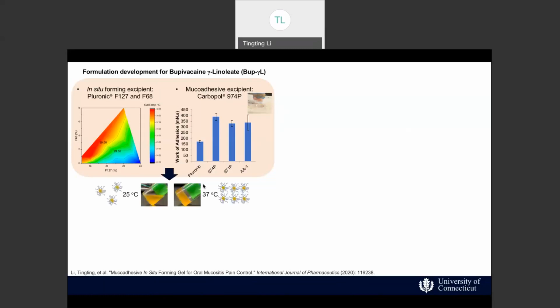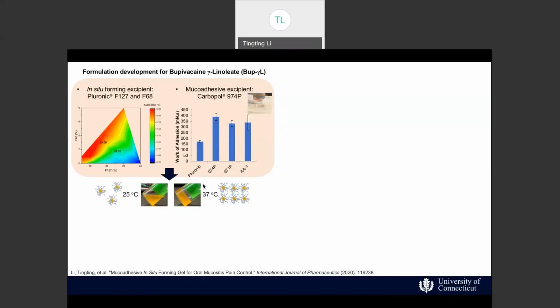Here's a picture showing what the formulation looks like. It has an orange color, which comes from the bupivacaine salt of gamma linoleate. The formulation is a liquid at room temperature, and it forms a solid gel at body temperature, 37 degrees C. So what happens inside the formulation over this temperature range?